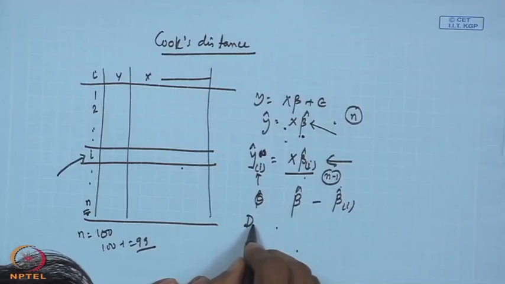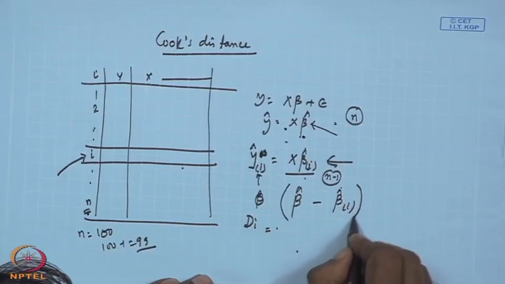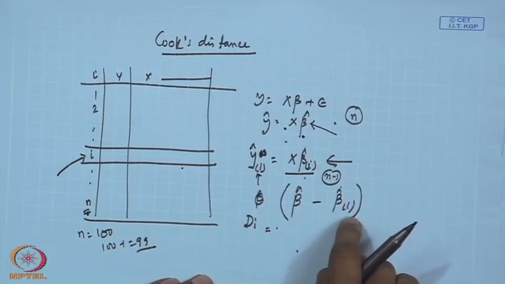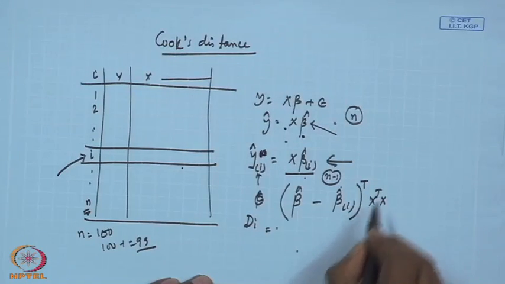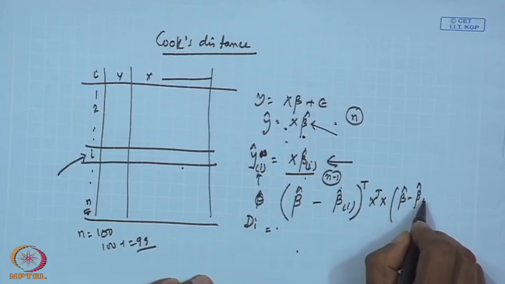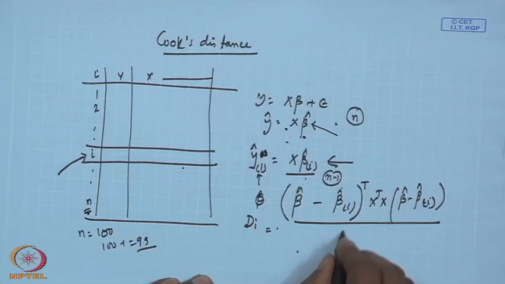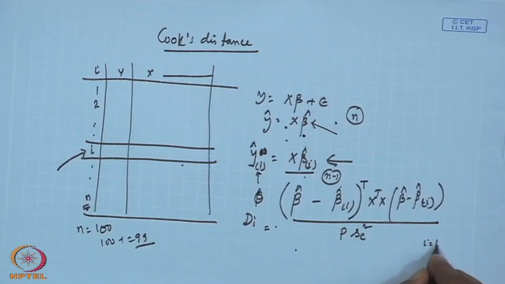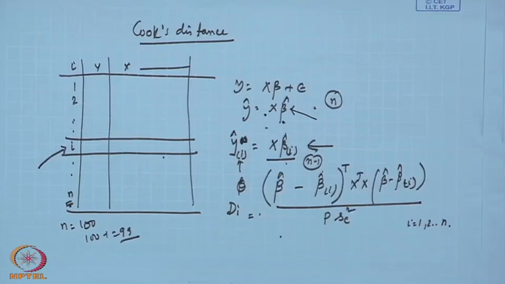Then Cook has created one statistic, the Di, which is beta cap minus beta i cap transpose, X transpose X, then beta cap minus beta i cap, this divided by p into s square, and definitely i equal to 1 to n. Okay.